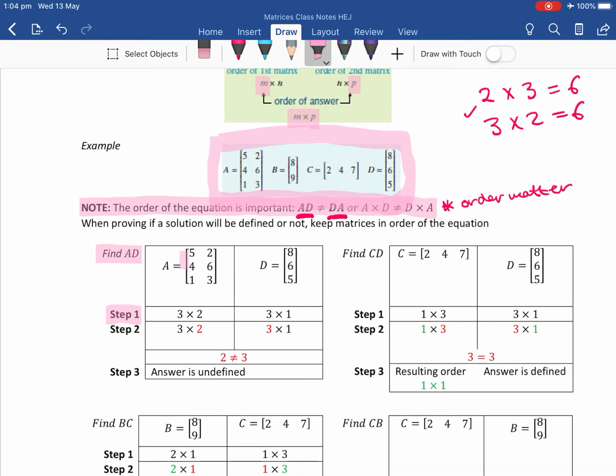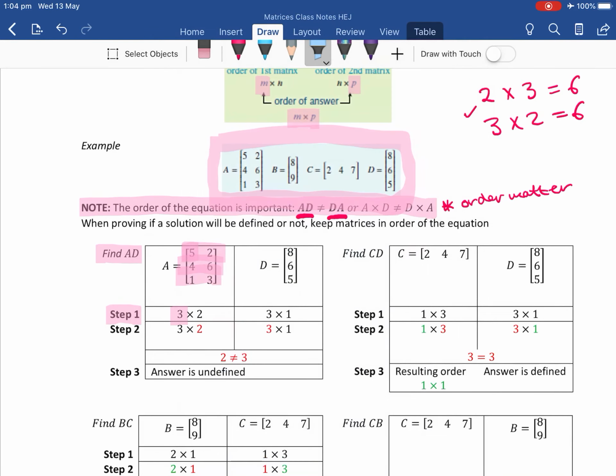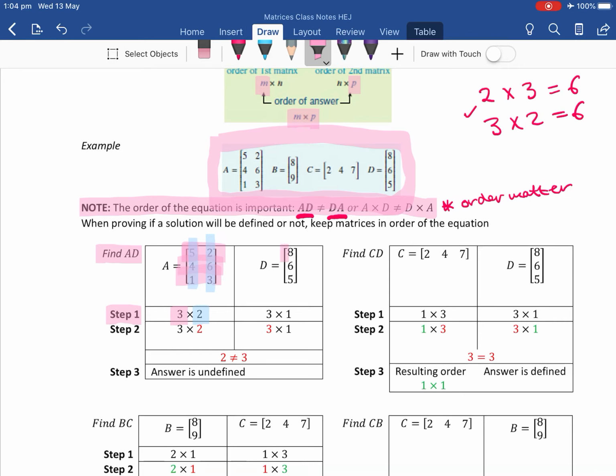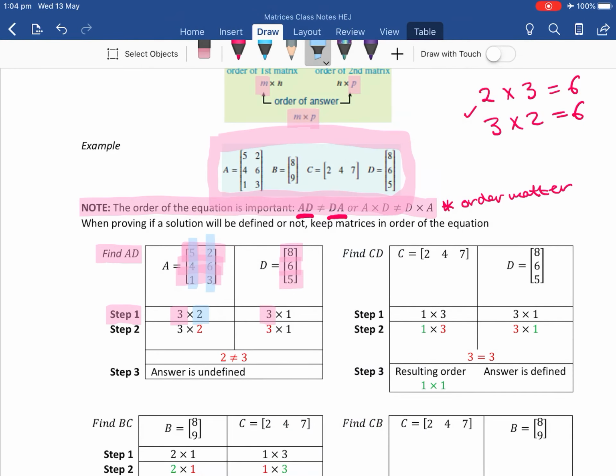It has 1, 2, 3 rows, and columns, it has 1, 2 columns. For the next one, again, we do rows first. D has 1, 2, 3 rows, and columns, it has one column.